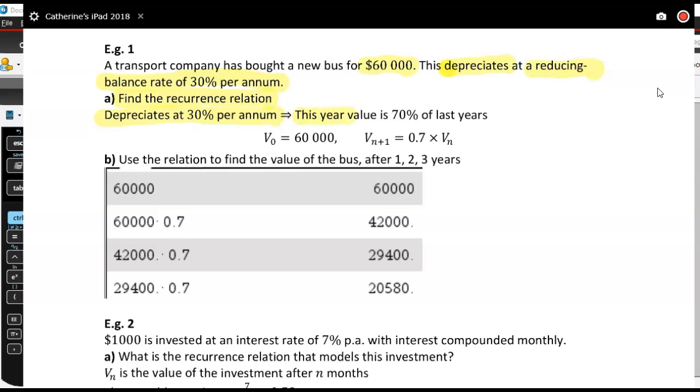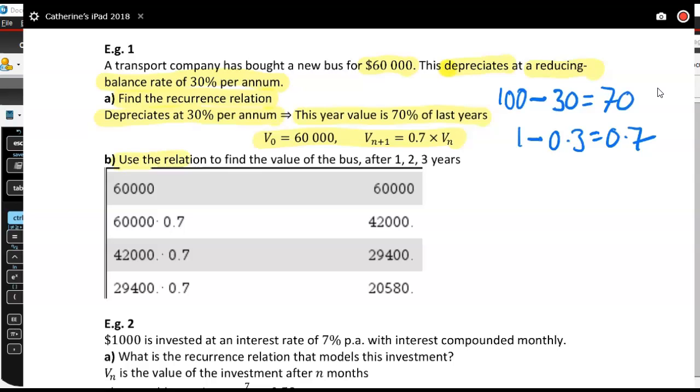So that means that this year's value is 70% of last year's value. How did I get that? 100% take away 30% is 70%. Or 1 take away 0.3 is 0.7. And that's where I get my recurrence relation from.